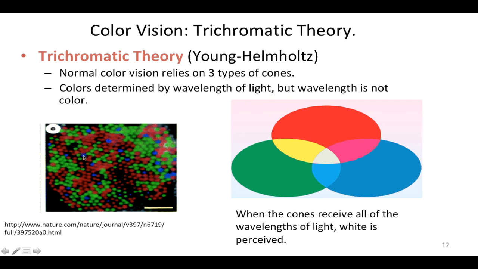And the blue ones are the ones that help us detect the short wavelengths of light that we perceive as blue. And you can see that there's not an equal number of each, huh? There's a lot more of the red ones, the long wavelength cones, than there are of the short wavelength cones. And that tells us then that in general our color vision is a little better for reds and greens than it is for blues.